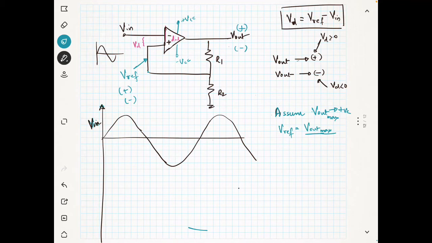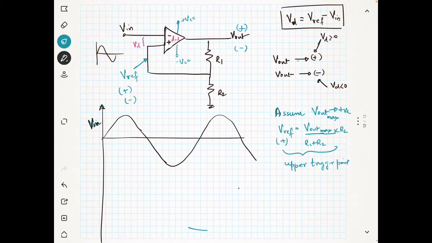So V out max divided by R1 plus R2 multiplied with R2, and we will call this the upper trigger point. This V reference we will call the upper trigger point. Why is it upper? Because it is high, maximum, and it is positive.